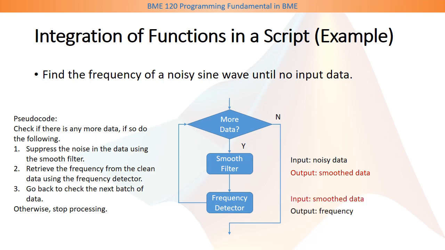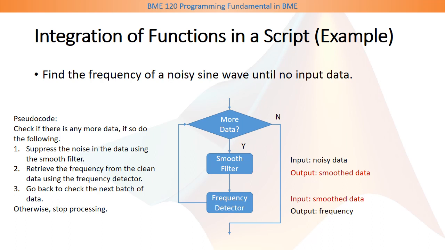For the frequency detector, it needs the smooth data as the input, and it will output the frequency. Later, if we find another solution to remove the noise, then what we're going to do is just to replace the smooth filter with another filter.